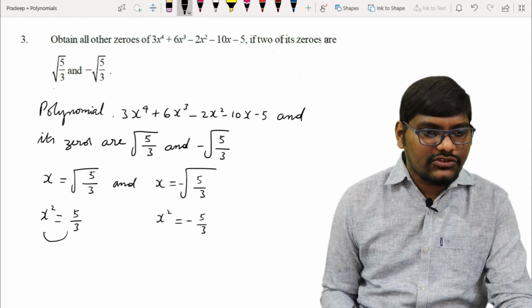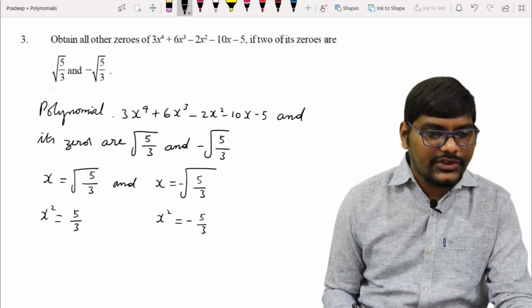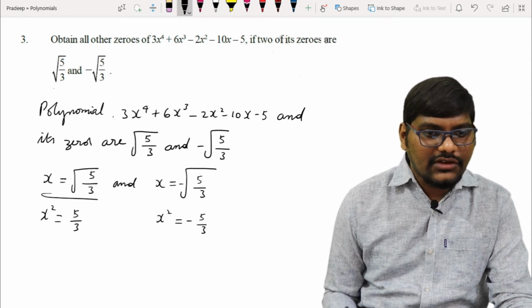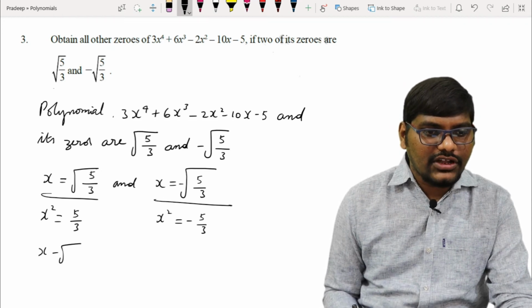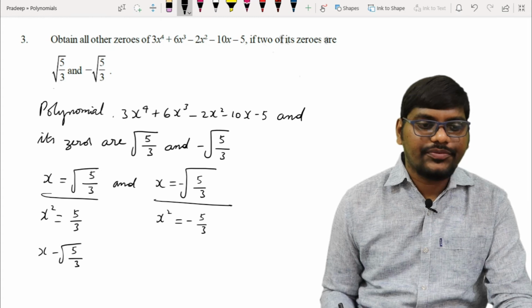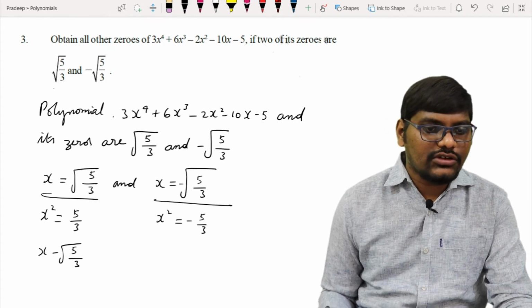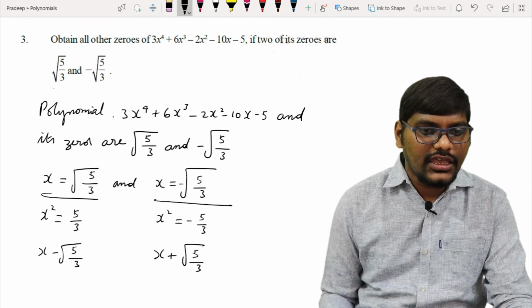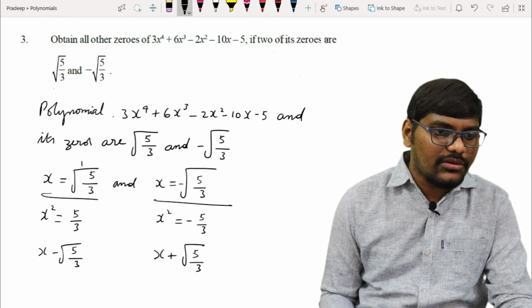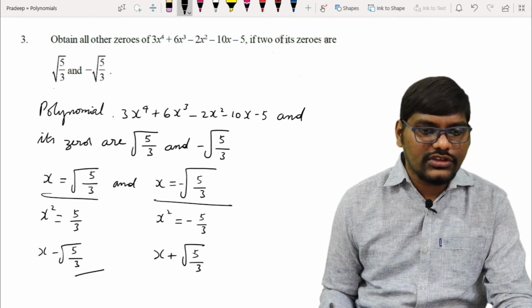If I bring this to this side, what do I get? I take this particular one and this particular one: x minus under root 5 by 3, and x plus root 5 by 3. These were the 2 things which we got.